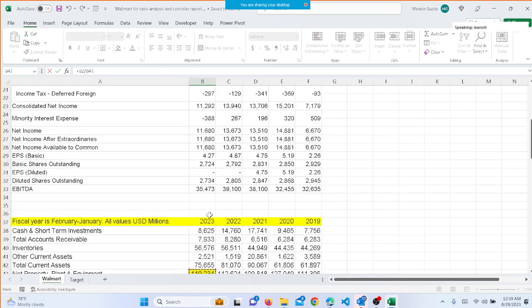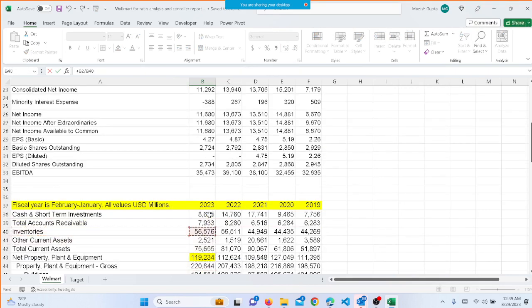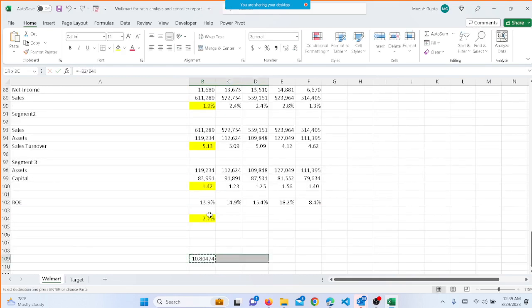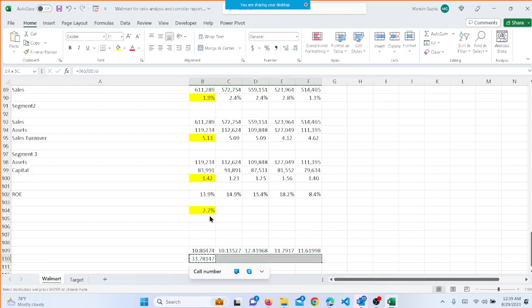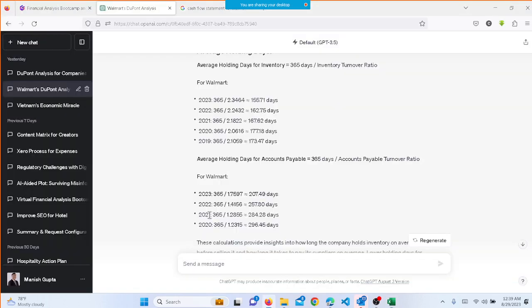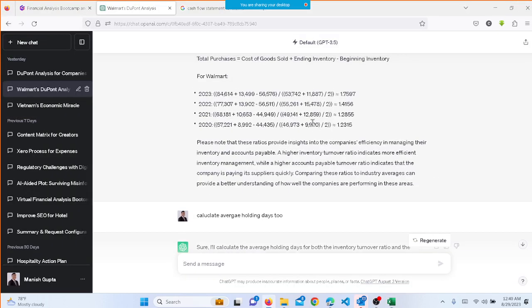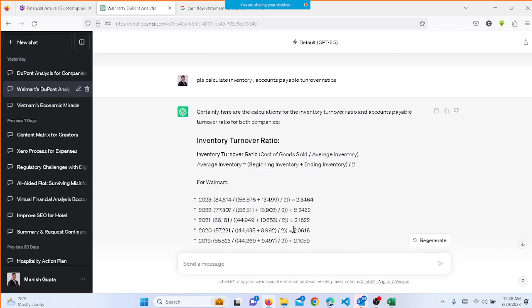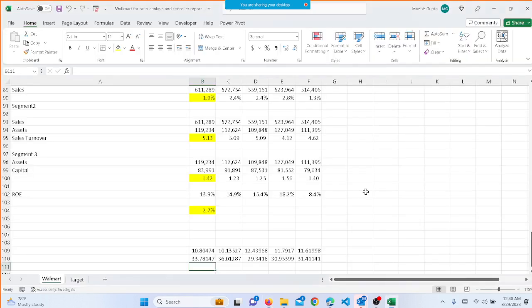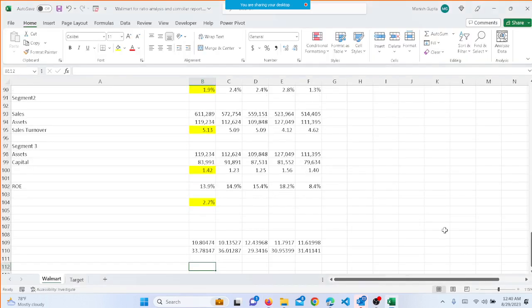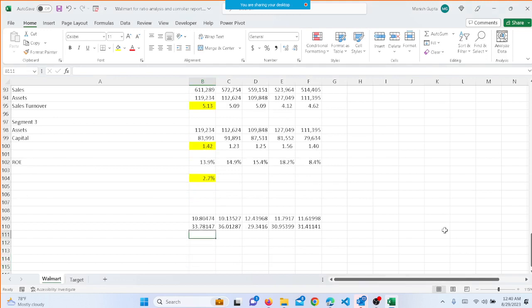So the inventory is here, 56, 10 times, and usually for the turnover ratio we calculate 365 divided by the turnover ratio. So it's 33 days. I don't know why the AI got 155 days. Quite a strange number. Beginning inventory, ending inventory, beginning inventory is not correct. But anyway, it got the wrong number, so I can't do much with that.